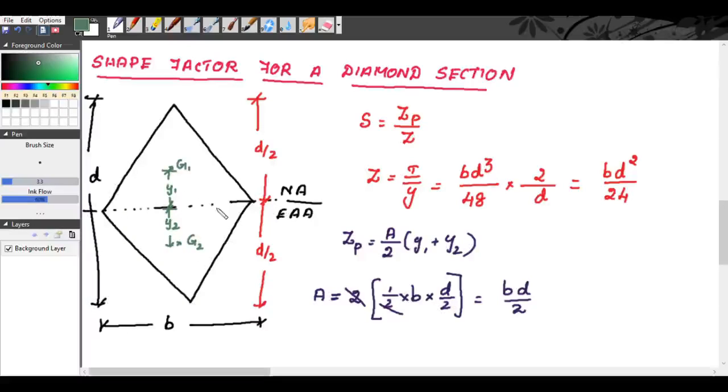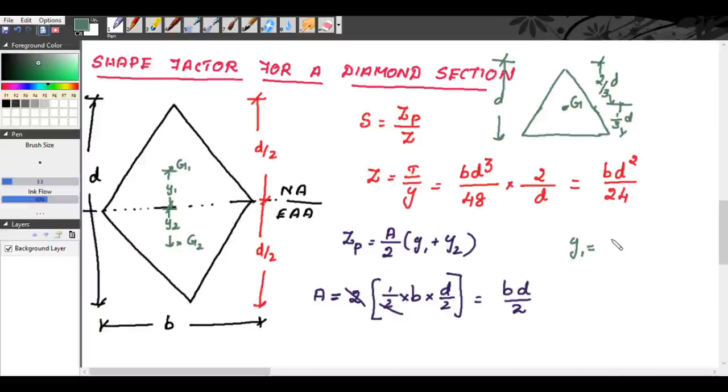So for a triangle, if this is our centroid G, the distance will be 1 by 3 of D if the depth is D. This distance is 1 by 3 of D and this distance is 2 by 3 of D. So this distance Y1 will be 1 by 3 of the depth of this triangle, that is D by 2.